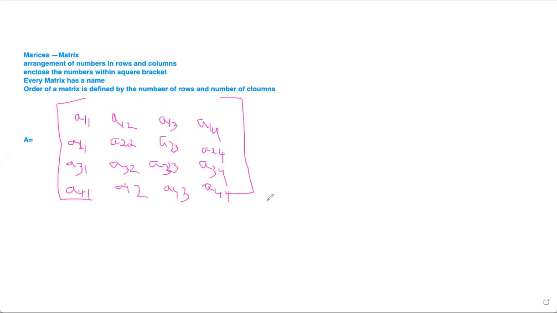Next, this is going to be a. Now this is called a matrix. The arrangement of numbers, I will say elements. Okay? Elements.